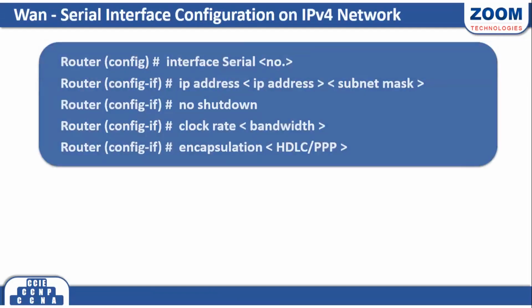And this is the WAN interface configuration. Interface serial number, IP address, no shutdown. If it is a DCE, then you can generate a clock rate. If it is a DTE, you can ignore it. And if you want to configure encapsulation, you can use this command. So this clock rate command is only for the DCE interface.